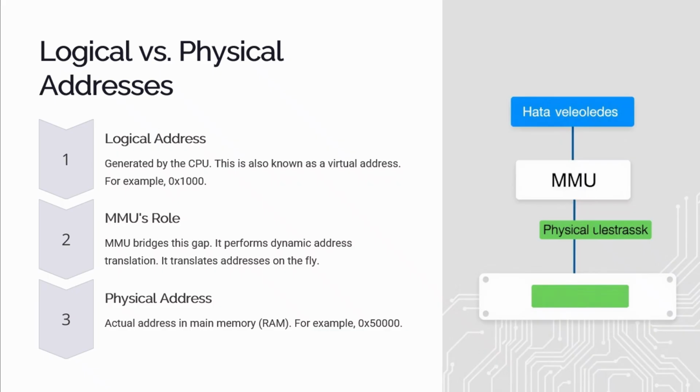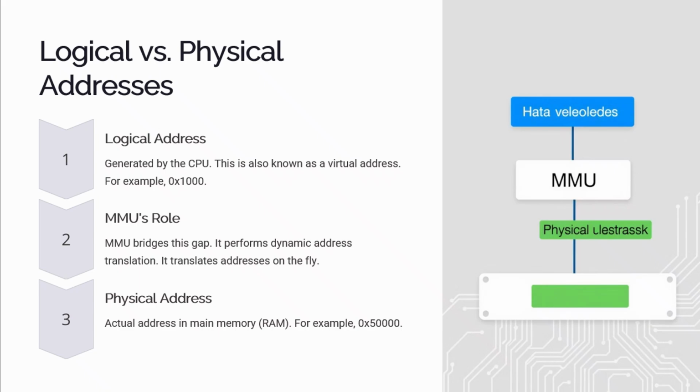Now, let's break down two important terms: logical address and physical address. A logical address is the one generated by the CPU. It is also called a virtual address. Think of it like a home address written in a letter, useful, but not enough on its own.